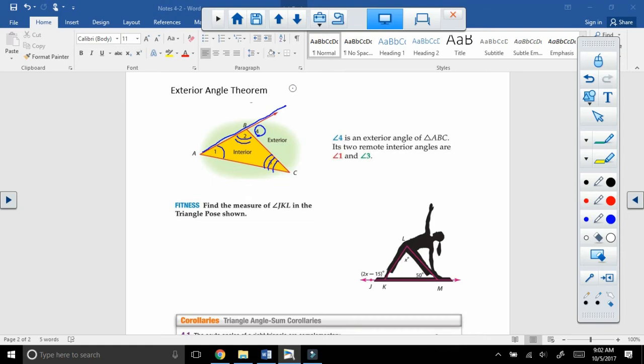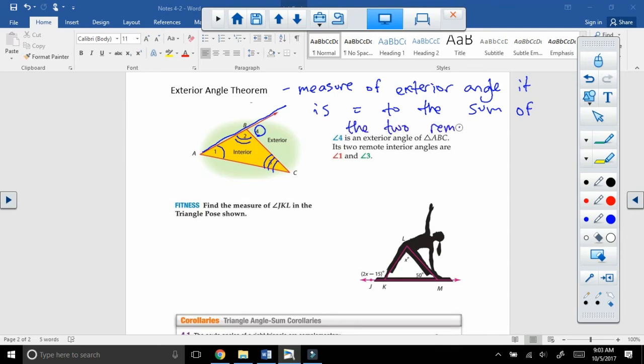The exterior angle theorem says that if you take the measure of the exterior angle, it equals the sum, meaning you're adding them together, of the two remote interior angles.